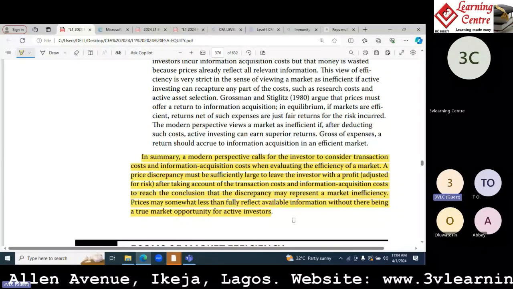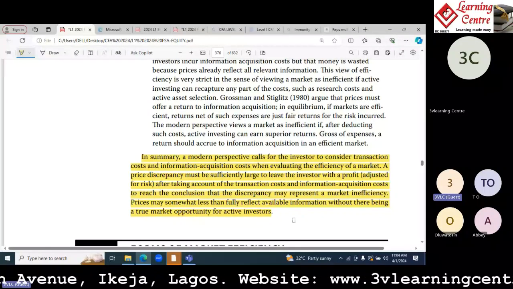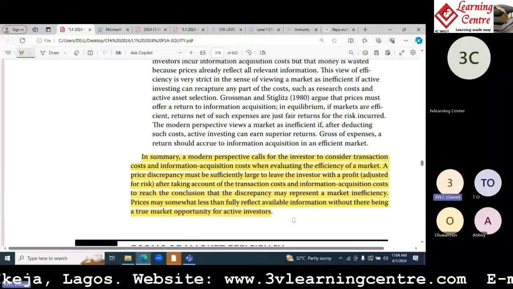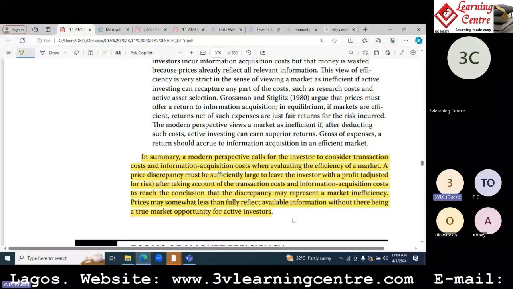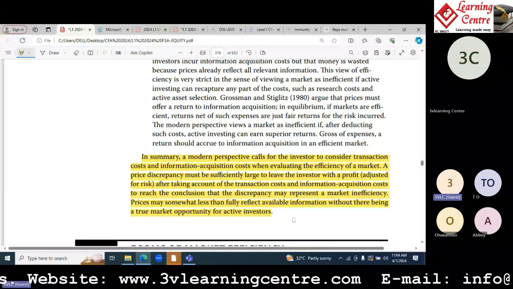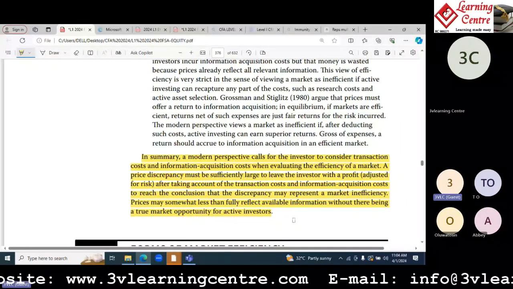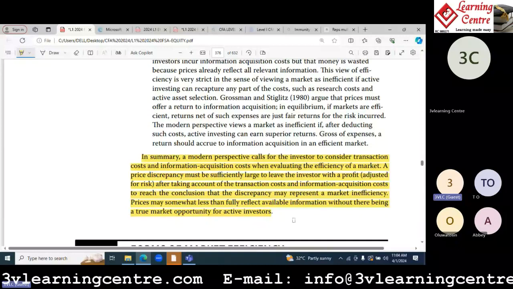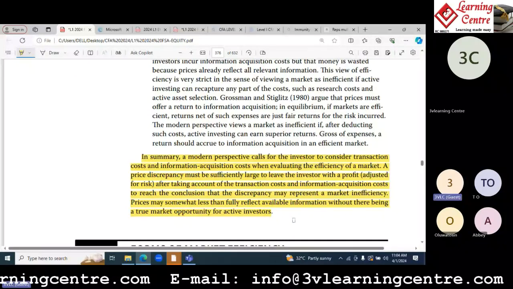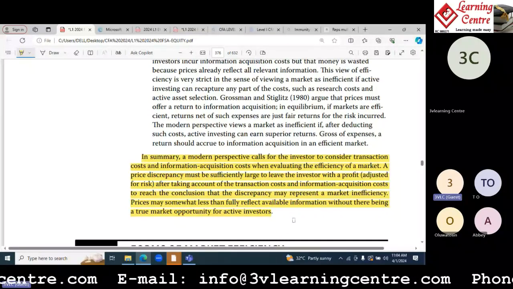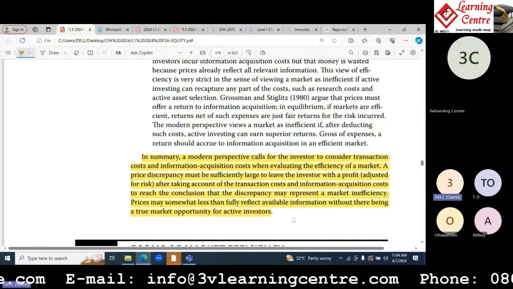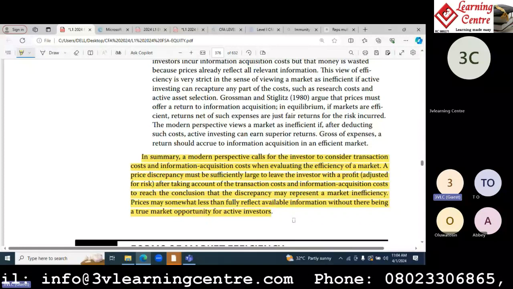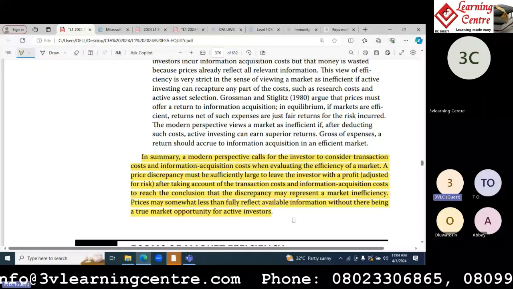A price discrepancy must be sufficiently large to leave the investor with a profit adjusted for risk after taking account of transaction cost and information acquisition cost, to reach the conclusion that the discrepancy may represent market inefficiency. Prices may somewhat less than fully reflect available information without there being a true market opportunity for active investors.